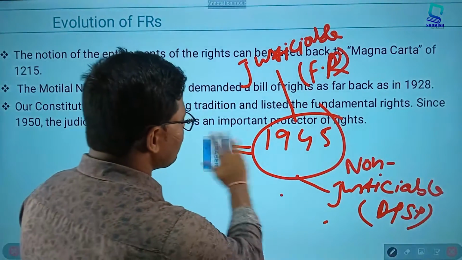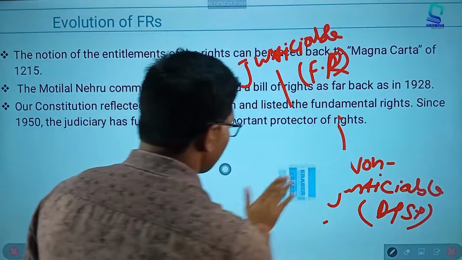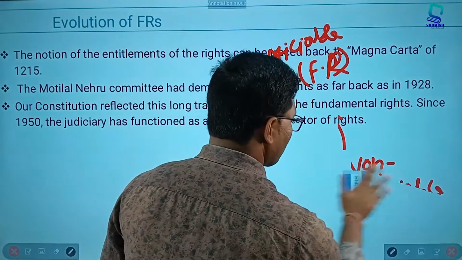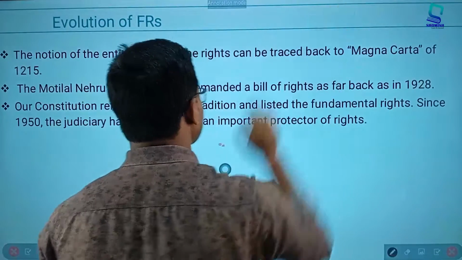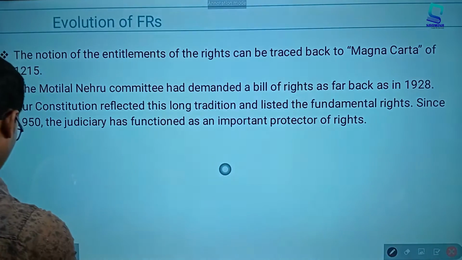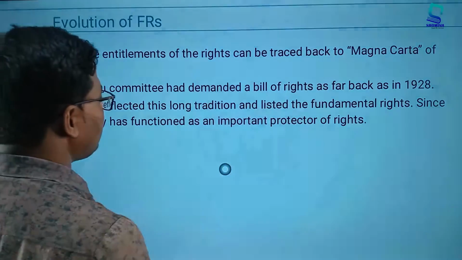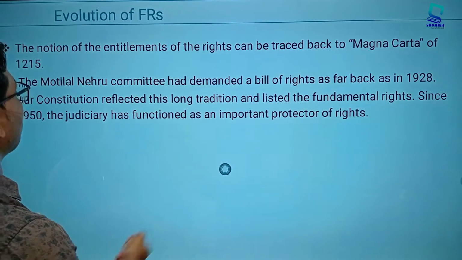Okay, let's move forward to the second part, the divisions of fundamental rights.